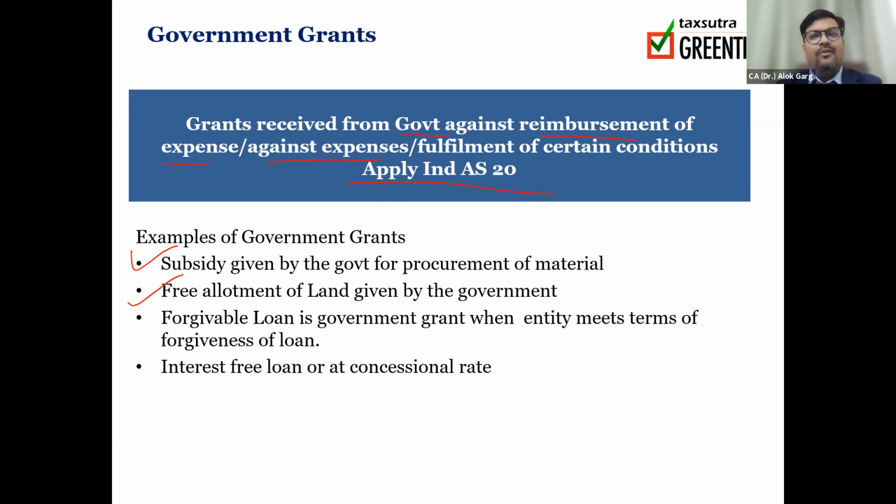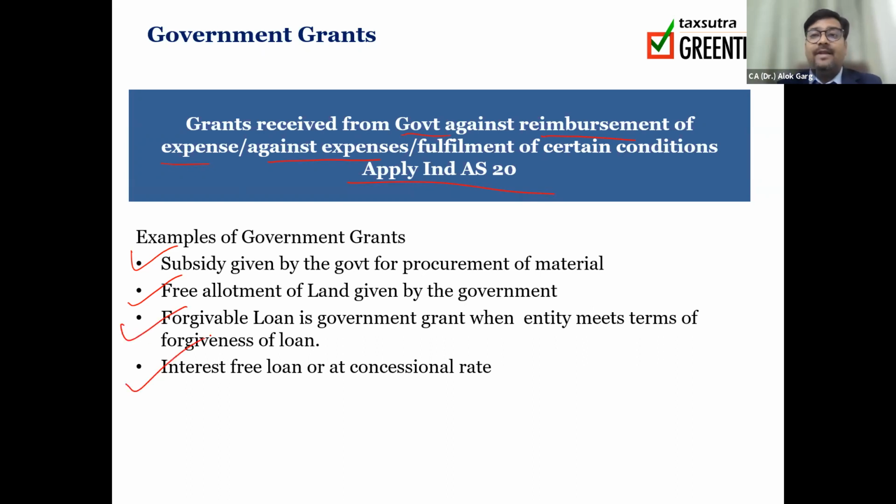For example, government has given 5 lakh rupees of loan to the entity. The repayment period is after 5 years, and government has said to the company that if you will generate employment to the extent of 5,000 employees, we will waive off this loan. Okay, so when the condition of forgiveness will be met, then this forgivable loan will be treated as a government grant.